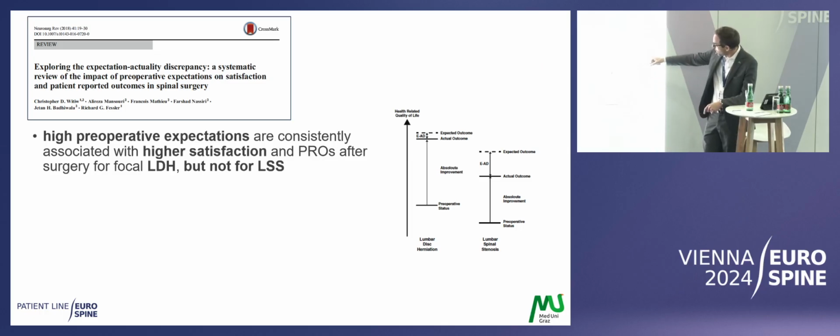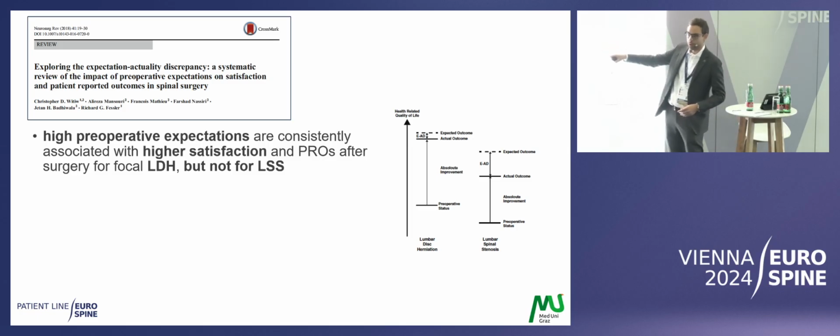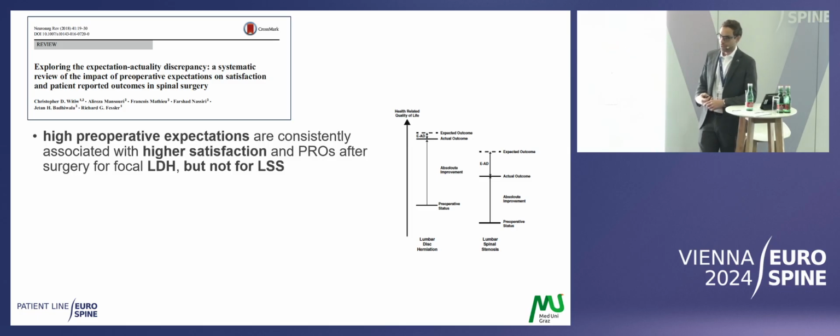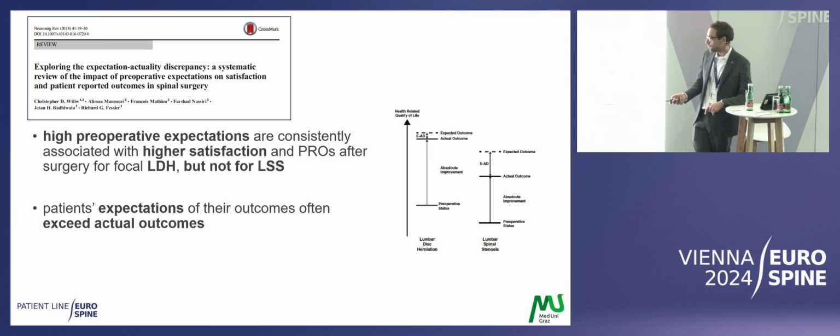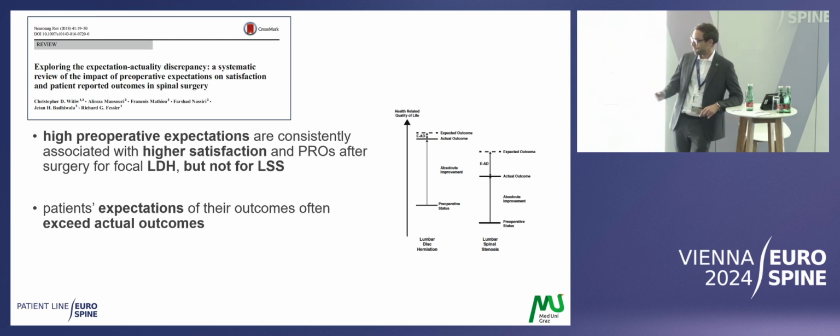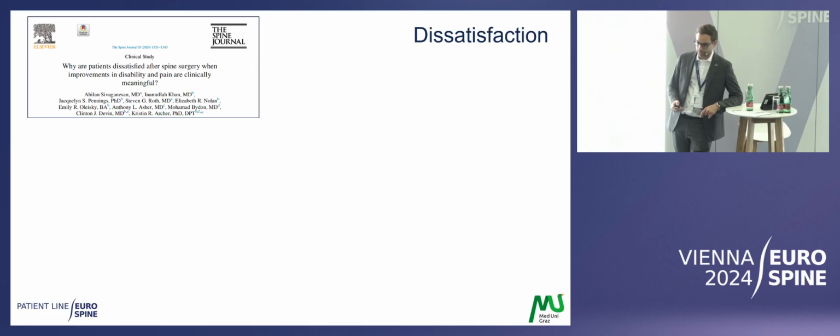And overall, the expected outcome is far too high in lumbar spinal stenosis, whereas in lumbar disc herniation it is closer to the actual outcome. So we really have to inform our patients about these things. And again, often they exceed the actual outcome.